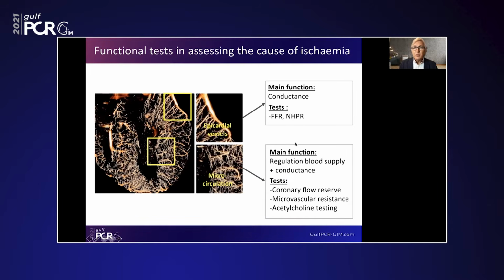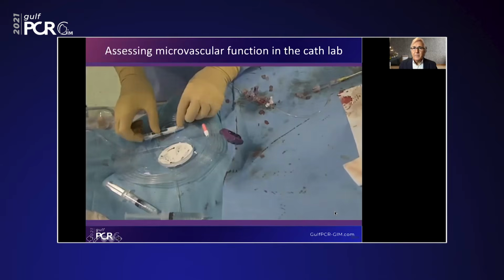And it is very important to understand that, because while we have tools to assess stenosis, conductance in the epicardial vessels, FFR, non-hyperemic ratios, as we discussed before, we also have tools that look to the regulation of blood supply provided by the microcirculation, with tests that include coronary flow reserve, microvascular resistance, and acetylcholine testing.